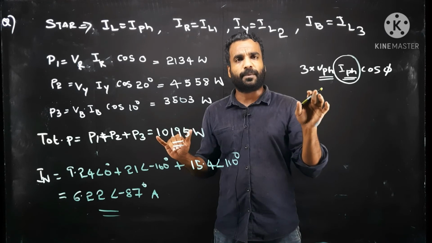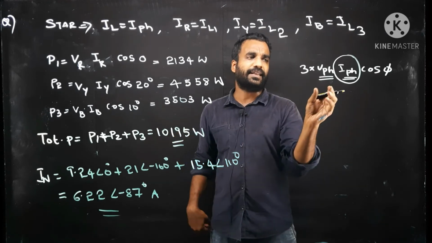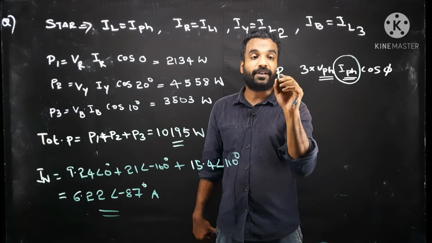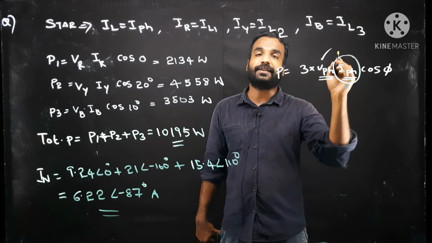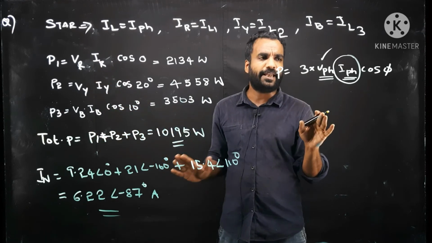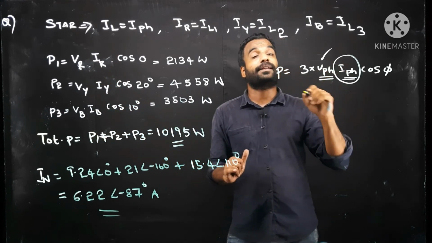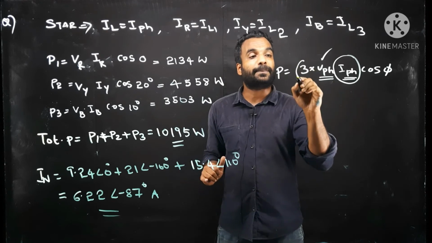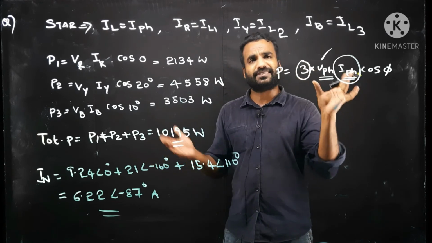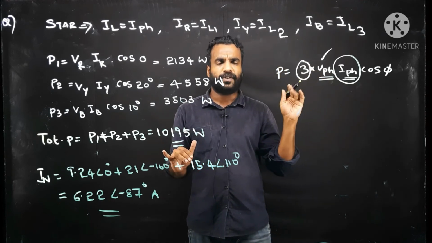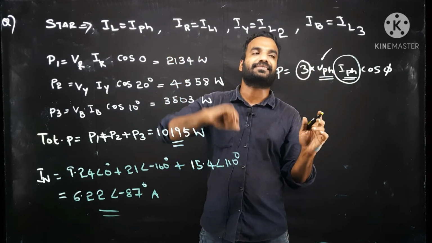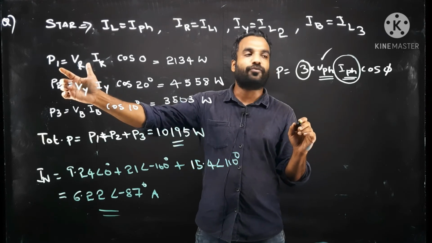In all problems we are just taking magnitude only, and VR, VY, VB are the same in magnitude. But the current magnitudes are different, so multiplying with 3 does not make any sense. If V phase and I phase are the same, we can just multiply for all three phases. But here the current is different for each phase, so we want to find them separately.